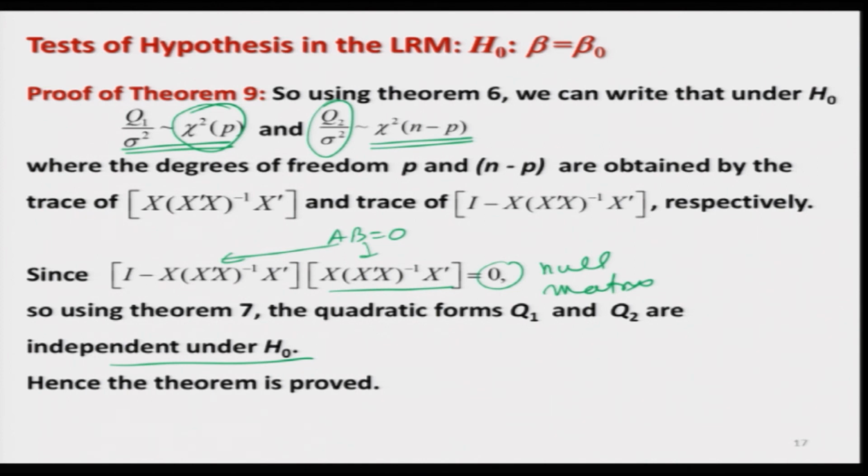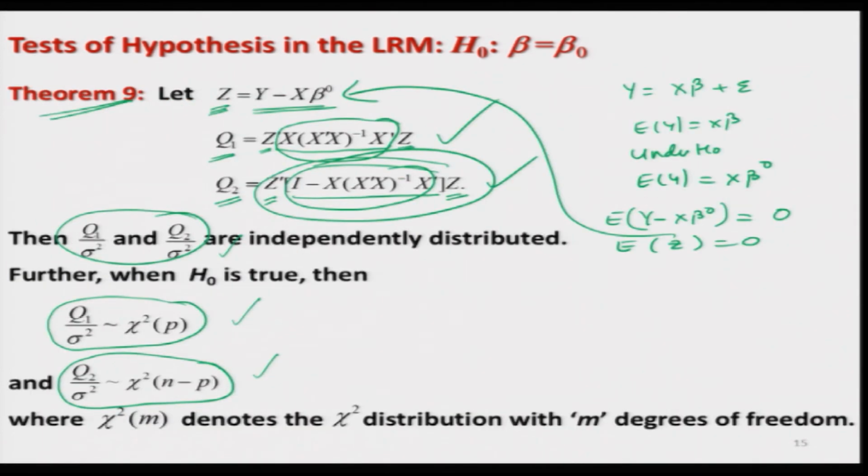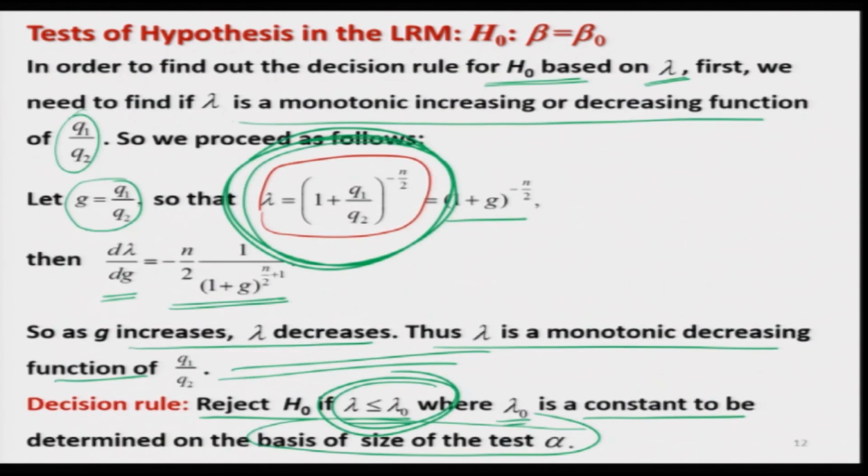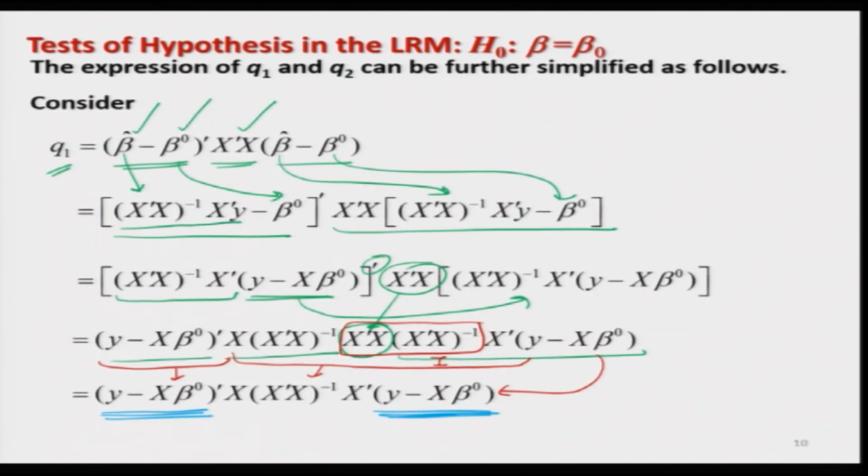Now, before I go further, let us observe how Q1 and Q2 have been constructed. Come back to the earlier slides and look at the forms of Q1 and Q2. Your variable here is y minus X beta naught, and this matrix is related to the Q1 quadratic form that you have considered.